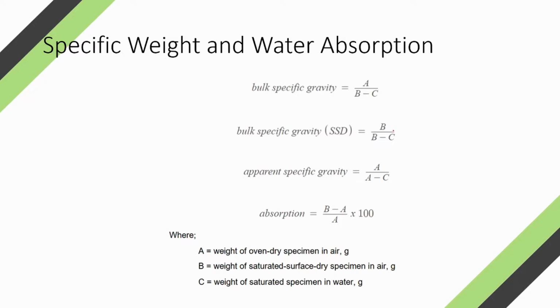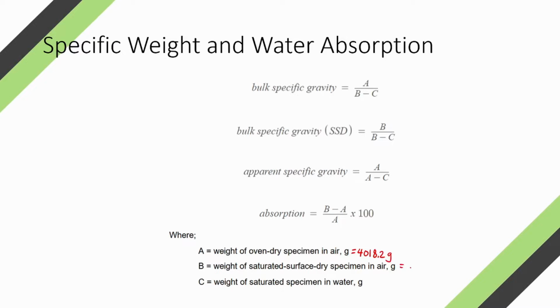So, try na lang natin na gawan to ng sample using yung nakuha natin na given sa video kanina. So, yung weight of the oven dry specimen in air in grams is, so yung nakuha kanina is 4,018.2 grams.